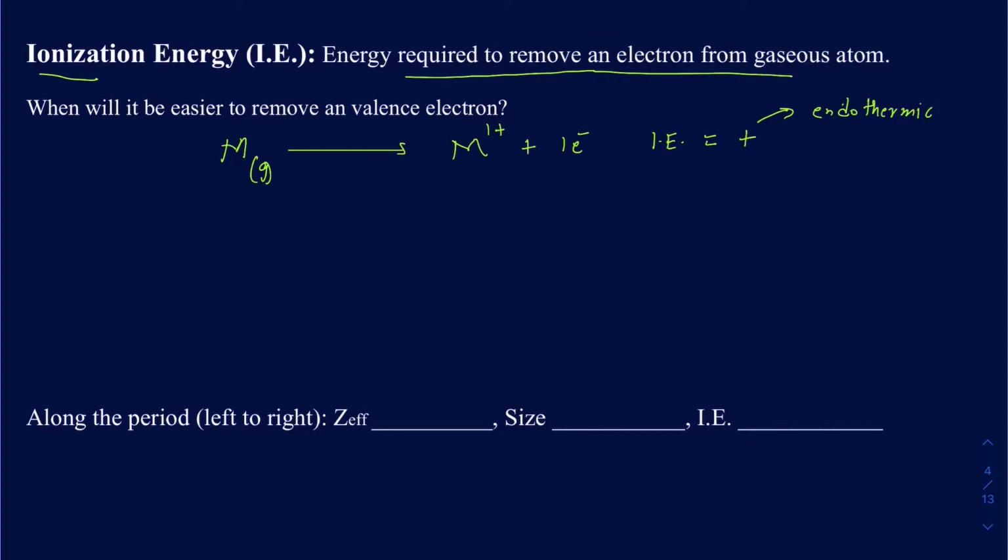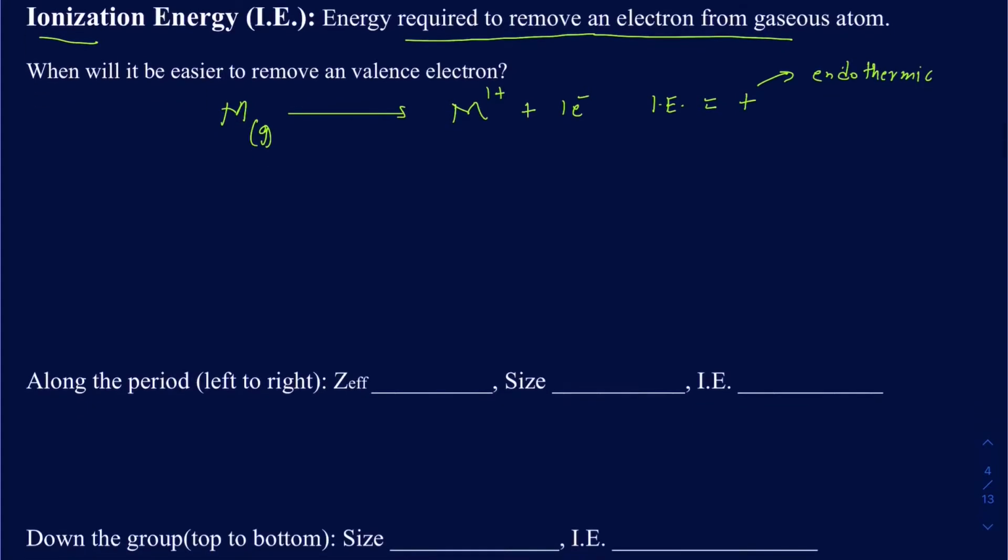Now, the question is, when will it be easier to remove an electron? So think of this. You have a bigger element. Let's compare this element right there and this element right there. So I've got element A and element B, and we have an electron that we're focusing on in element A, and an electron on element B that we're focusing on.